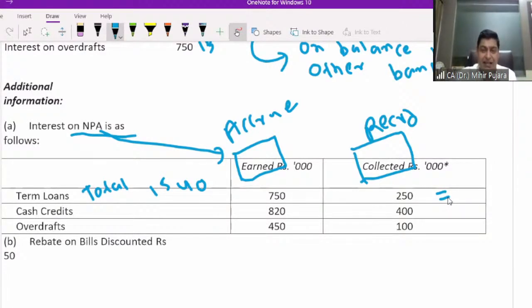So please let me know the final interest income of term loan to be considered after this adjustment in the PL account. We should receive 750, but we received only 250. What amount will be considered finally? Yes, guys. Term loan.